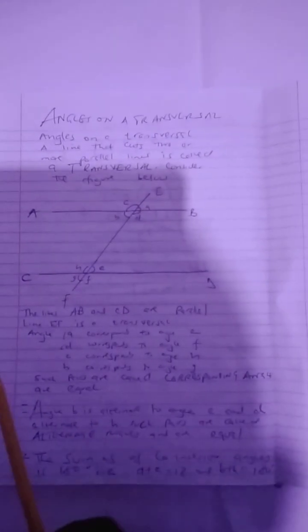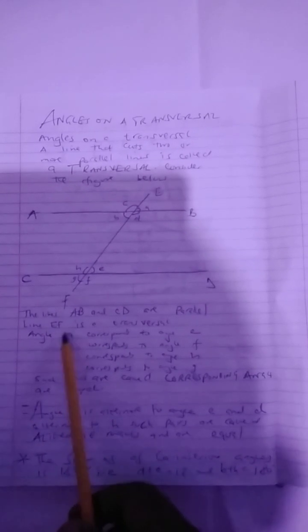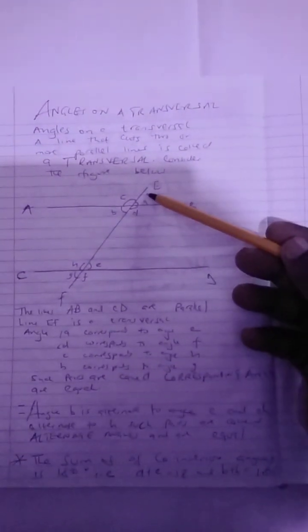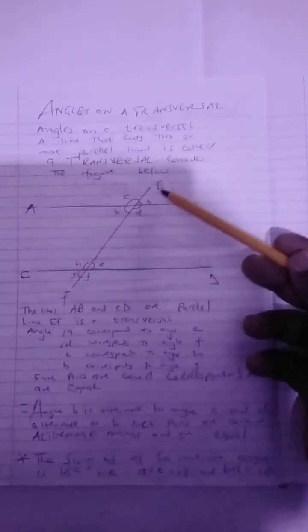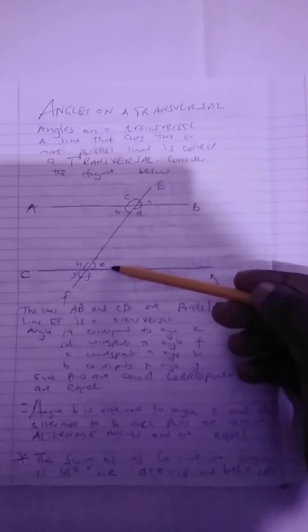Now, once we have a transversal line, we have some angles which have some names in common. For example, angle A and angle C, right? They are equal.